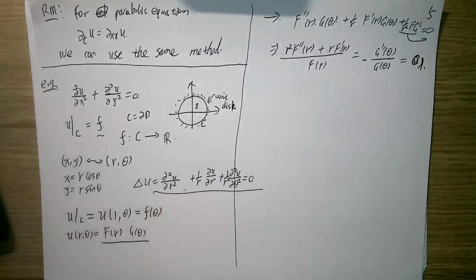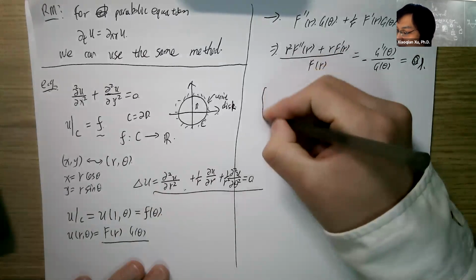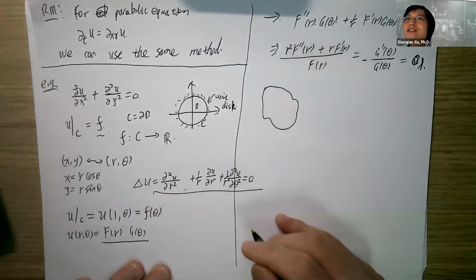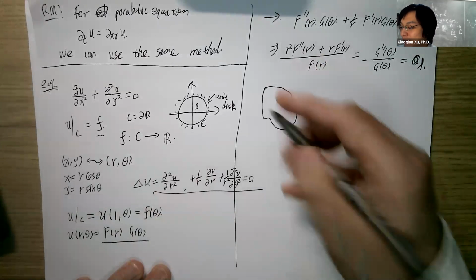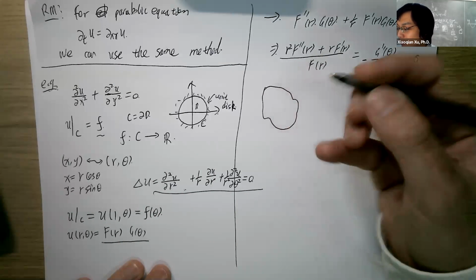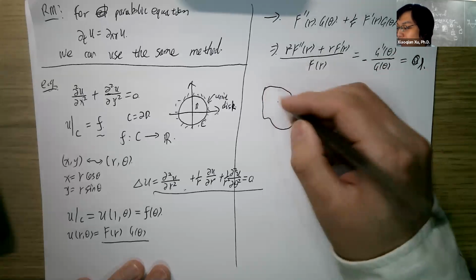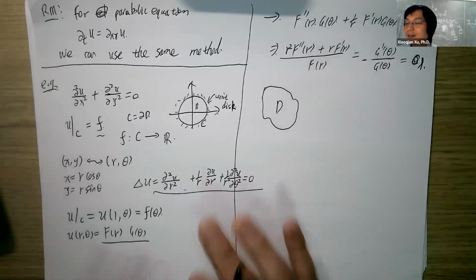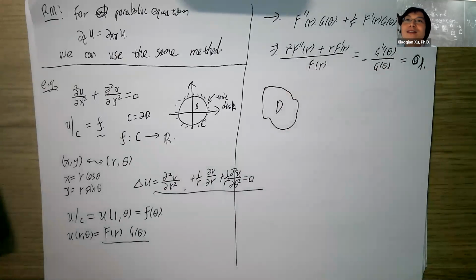Oh, okay. So we just took a case of the boundary, right? Yes, we want to study some kind of boundary condition, boundary value problem. For instance, you may have some domain like this, but this kind of domain is too complicated.